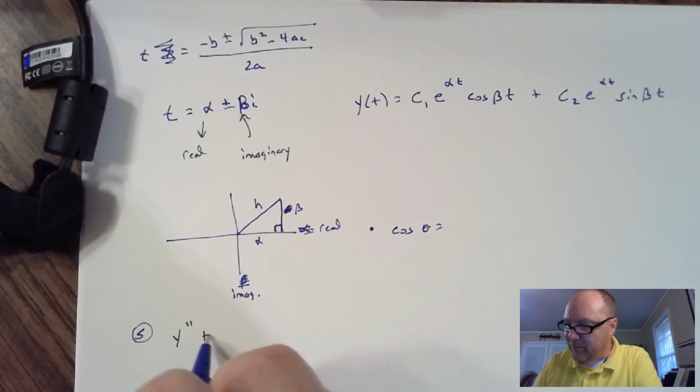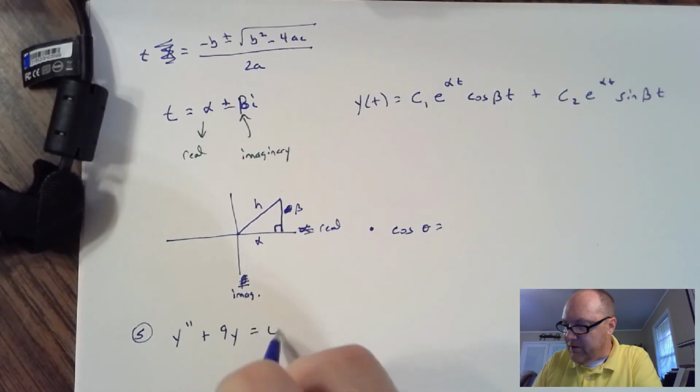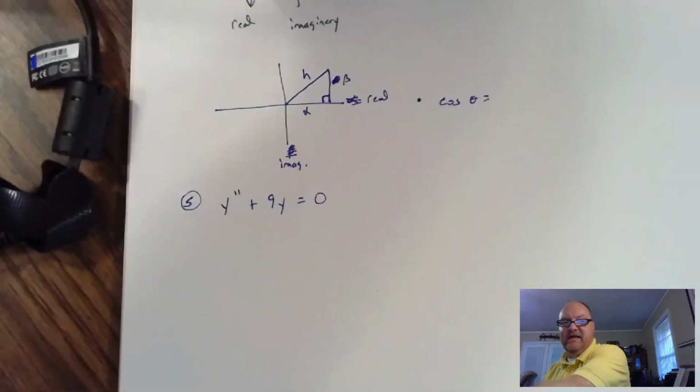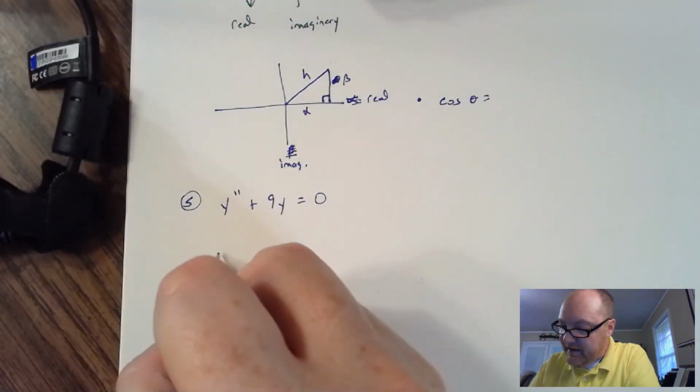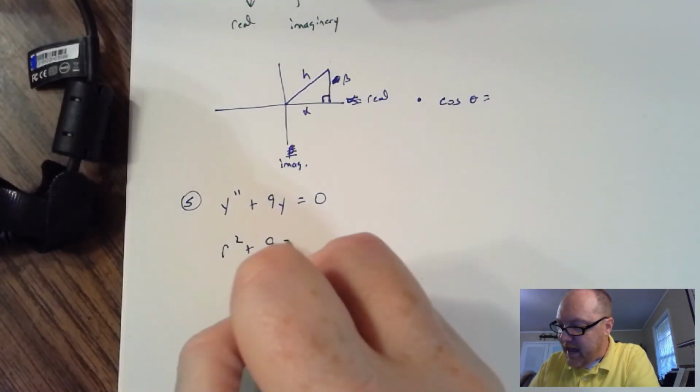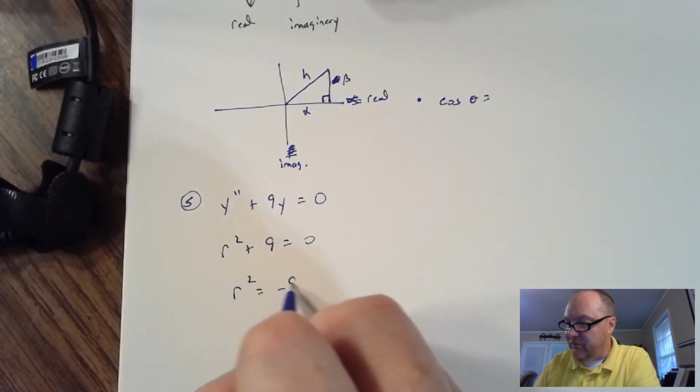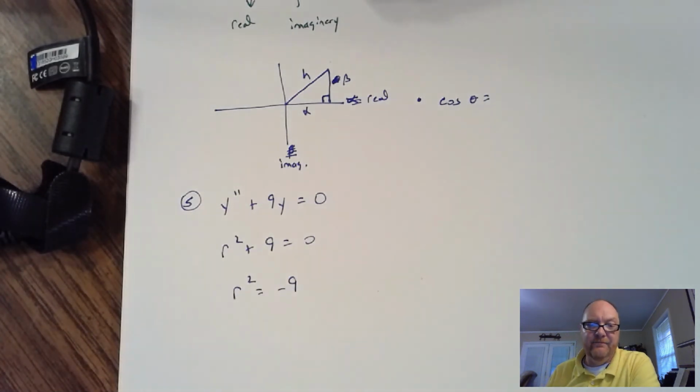Let's do y double prime plus 9y equal to 0. And so if I write the characteristic equation for that, that's going to be r squared plus 9 equal to 0, or r squared is equal to negative 9. And again, you can do the quadratic formula. Sometimes I have to do that.